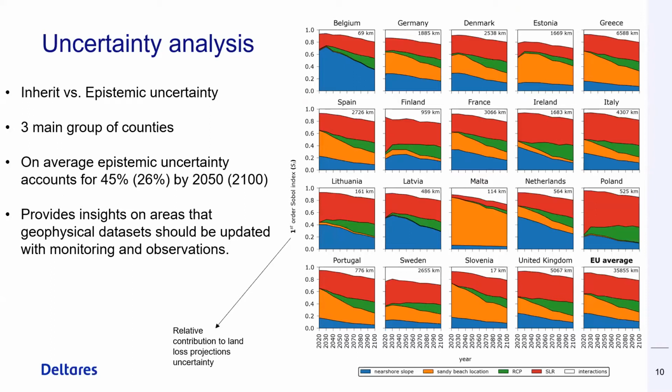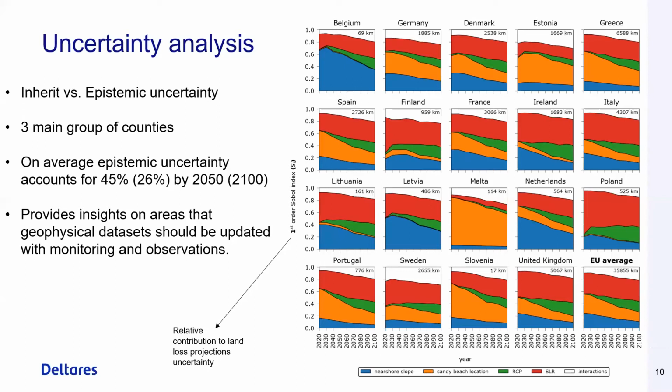So these are all relative contributions, so they add up to 1. Blue colors indicate the information from the near coastal slopes. The orange color indicates the uncertainty related to the location of the sandy beaches, while green colors the RCP and red colors the sea level rise projection.